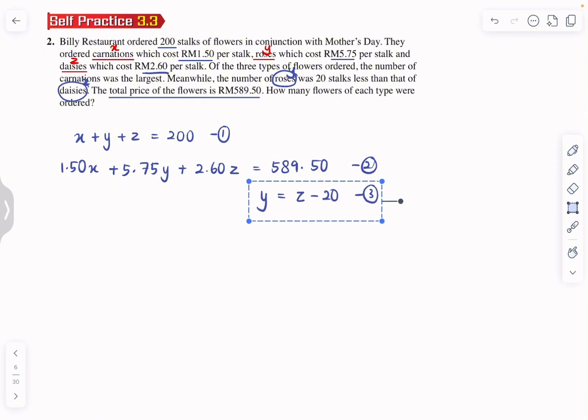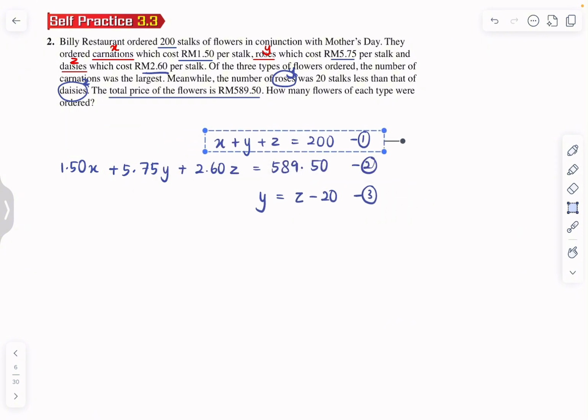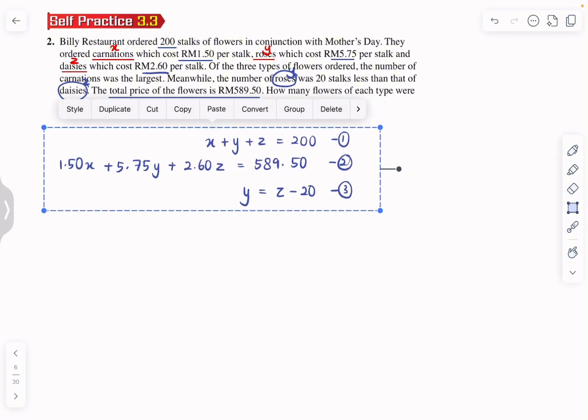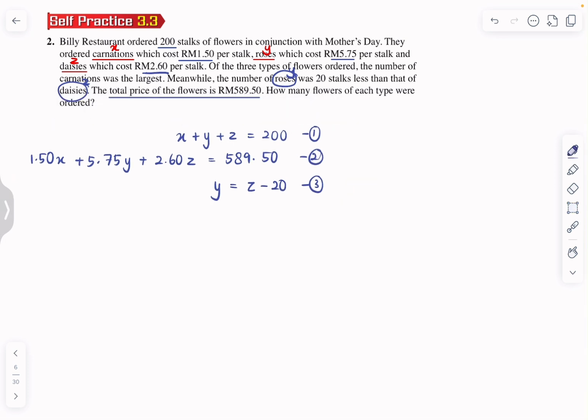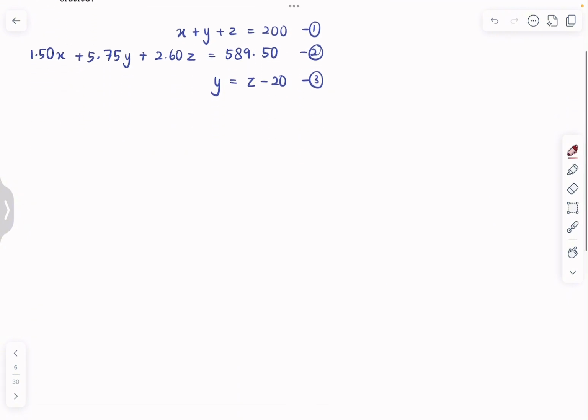This will be our third equation. If we arrange everything like this, we get our three equations. Now we need to solve them simultaneously. The easiest way to start is with the third equation, because the third equation only has two unknowns, plus they already made y the subject. So we sub 3 into 1 and sub 3 into 2.